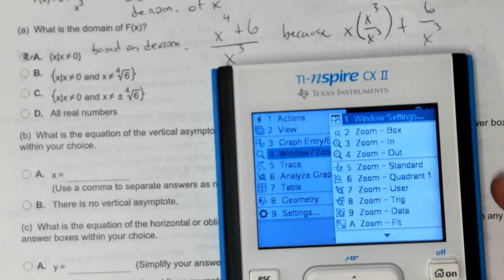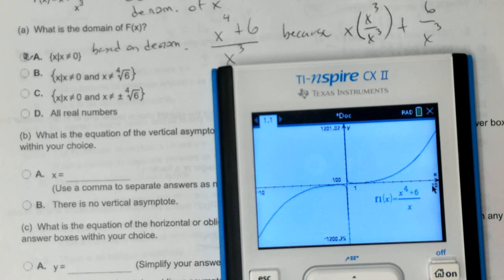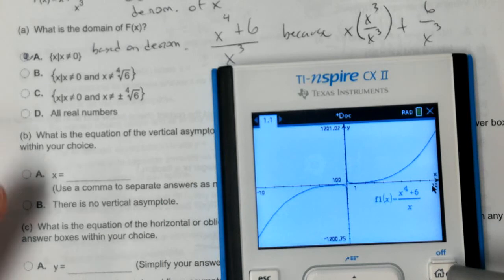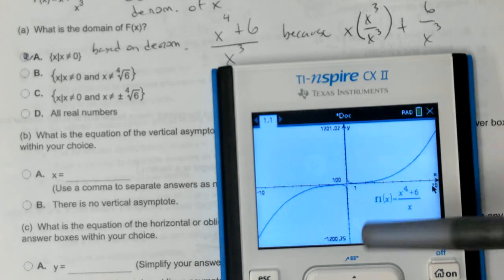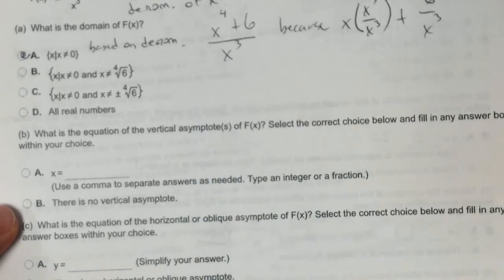Menu, window, A. Okay. So zoom fit. Yeah, so 0 is your vertical asymptote.